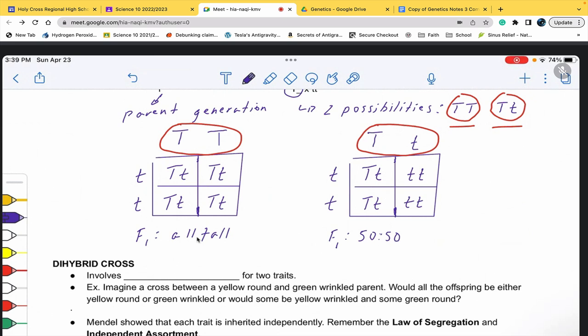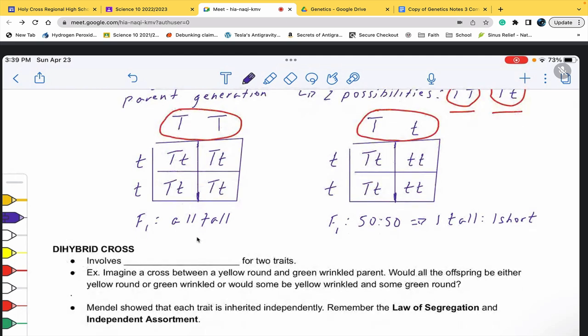There's 2 of each, which means 50% of each. It could also be represented as a ratio, 1 tall to every 1 short. You could write 2 to 2, but that reduces to 1 to 1. In simple language, for every tall, you get 1 short.